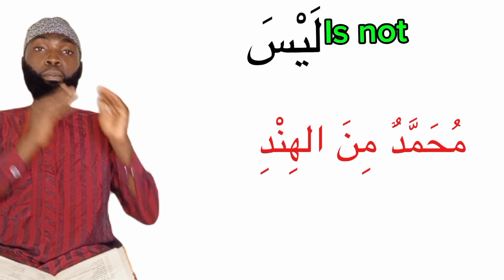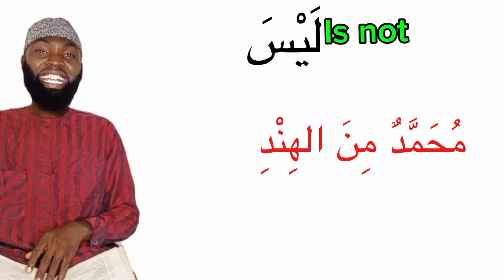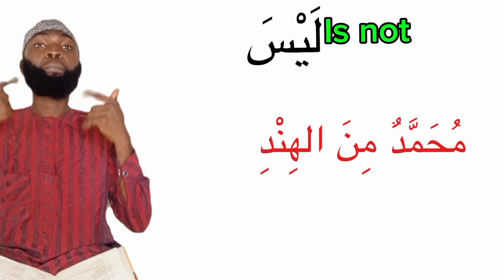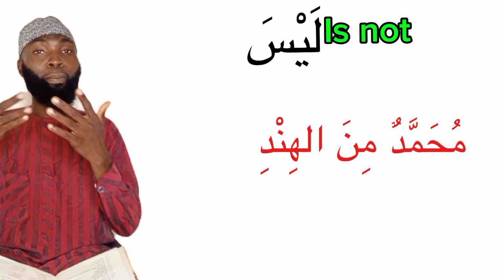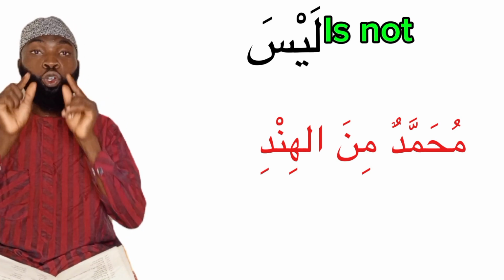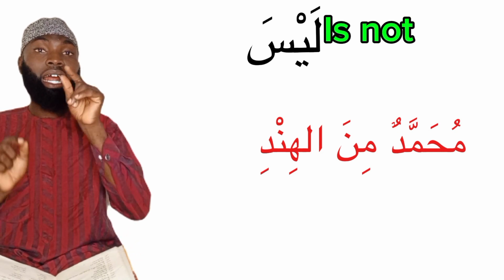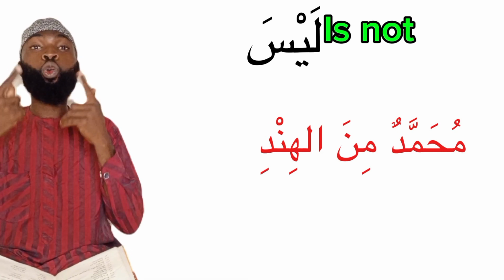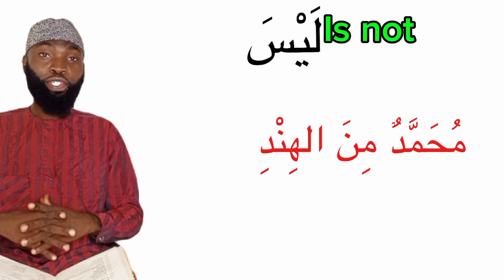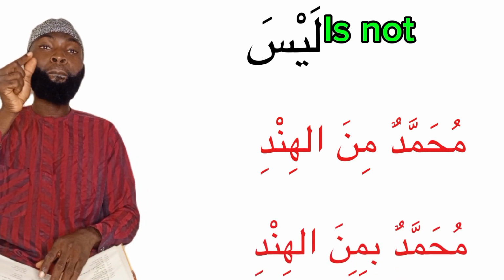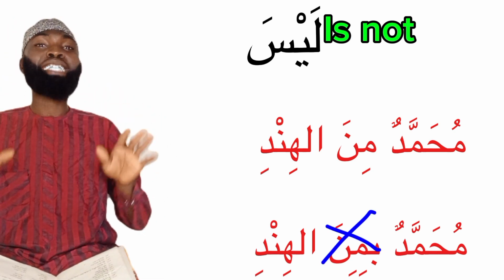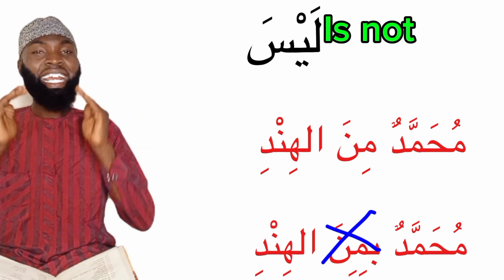So Muhammad is the mubtada, but min al-hindi, these two words now form the khabar, and this is called a prepositional phrase, which makes the khabar, the predicate of this sentence. So since the predicate here has the preposition min, we will no longer be in need of bi, as we said earlier. So it will be wrong for us to say laysa Muhammadun bi min al-hindi. No, you just say laysa Muhammadun min al-hindi.